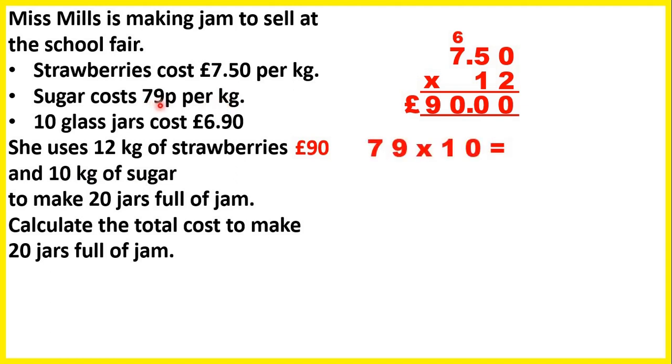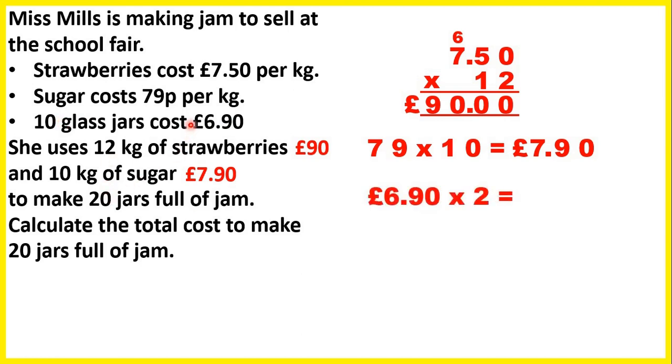So 79 pence times 10 is 790 pence, or £7.90. And she made 20 jars full of jam, but jars are £6.90 for 10, so if she needs 20 jars, that will be 2 lots of 10 jars, so 2 times £6.90, and that comes to £13.80.